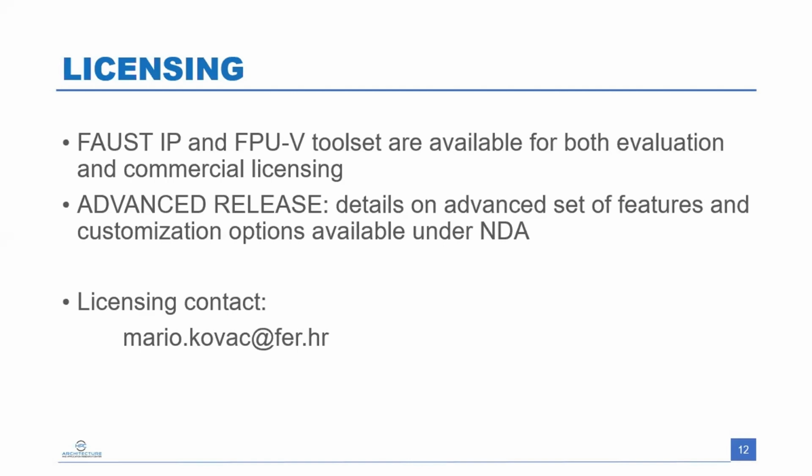But then a lot of people that didn't know that said, oh, that's FAU5, like from RISC-V. So we said, well, why don't we keep it like this? Don't try to find some other good name. We like it. So both of these will be, of course, available for evaluation and for commercial licensing.